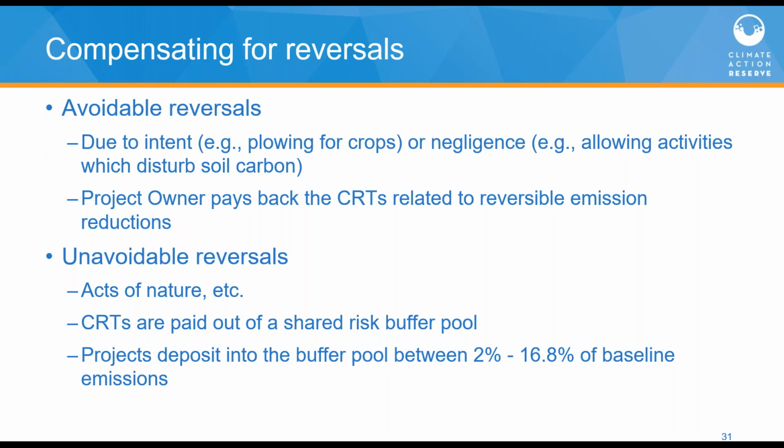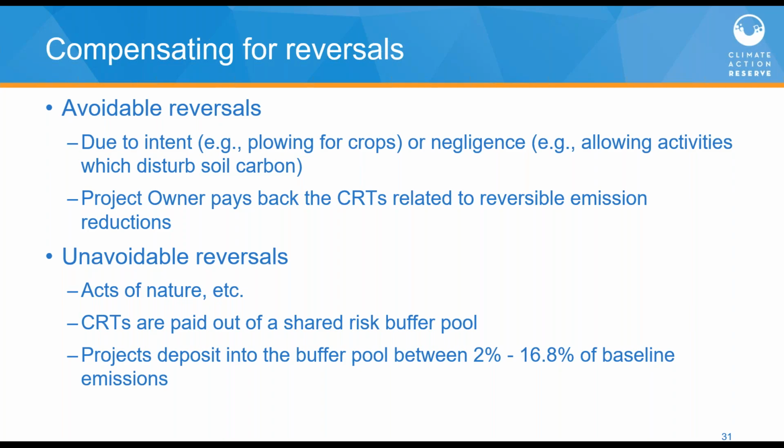In these cases, the project owner pays back any of the credits related to the reversible emission reductions. So remember, not all of the baseline emissions are reversible. And then this payback also gets discounted over time. So if the reversal happens far into the future in the project, the payback will be smaller than if it happened right away.